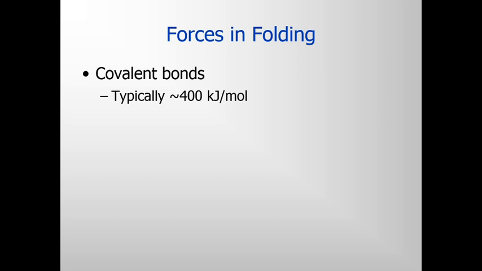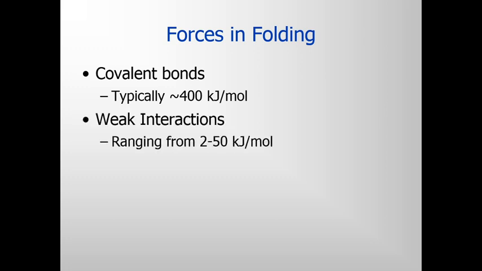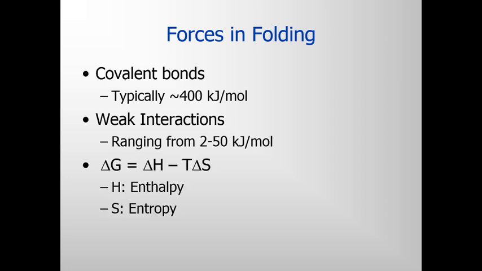Typically of the order of 400 kilojoules per mole. Weak interactions range from 2 to 50 kilojoules per mole. They are weaker than covalent bonds. Now, you all know the equation for Gibbs free energy change, right? And it is driven by a change in enthalpy and change in entropy.